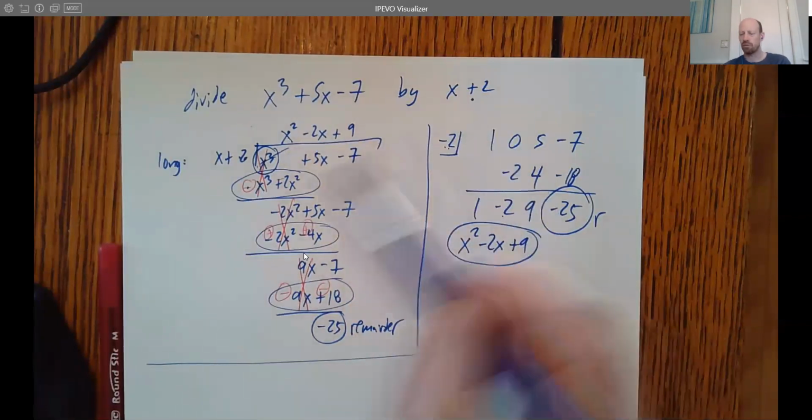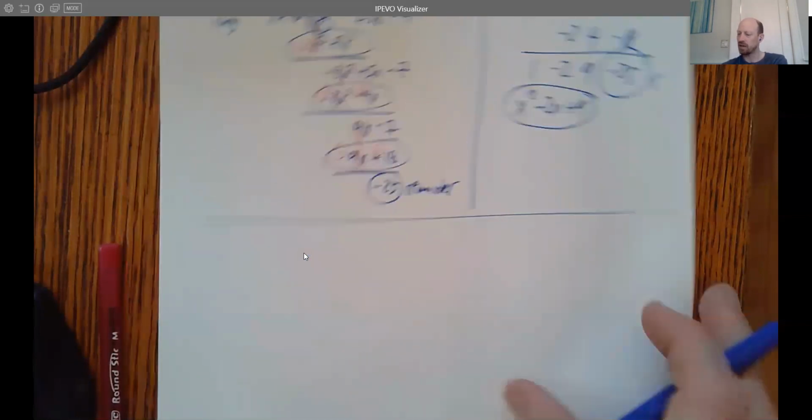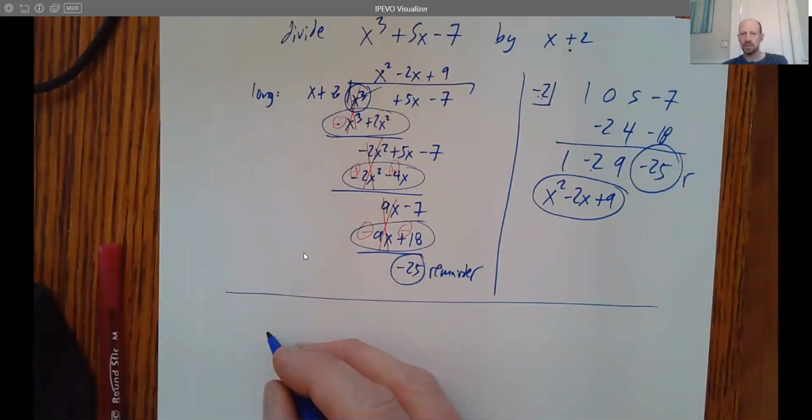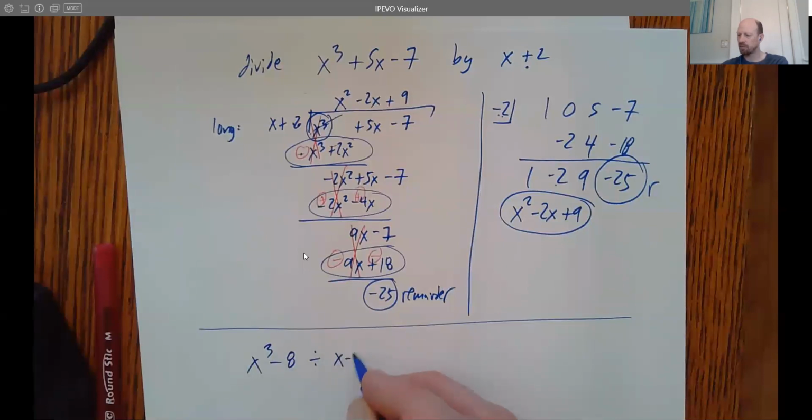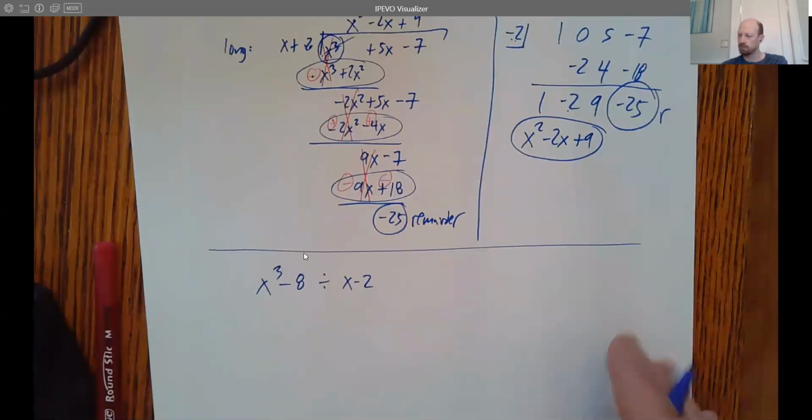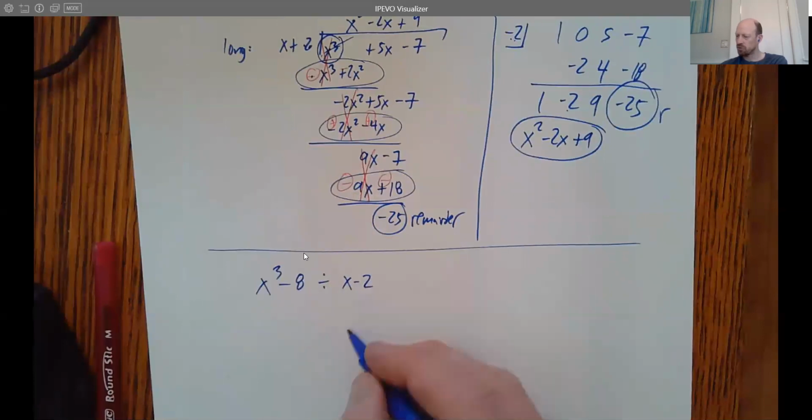Thank you. So if I were dividing, say, let's divide x cubed minus 8 divided by x minus 2. What I would do then is put a positive 2 there.